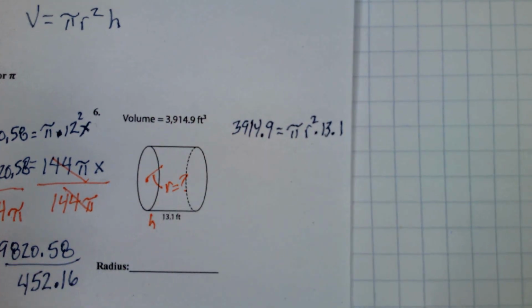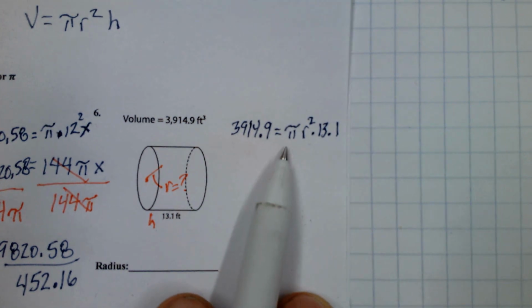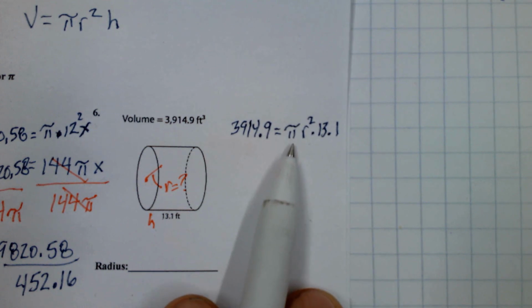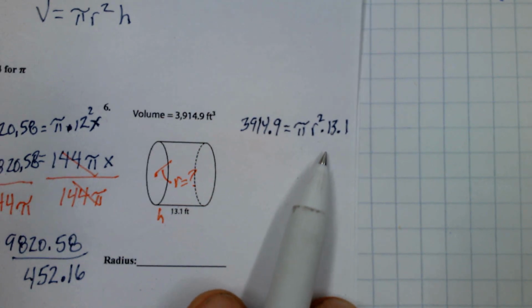Okay. So let's go ahead and, what can we simplify over here? Since we are going to use 3.14, can I multiply 3.14 times 13.1?